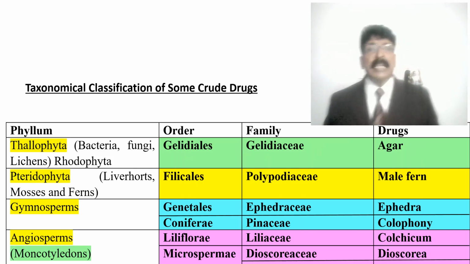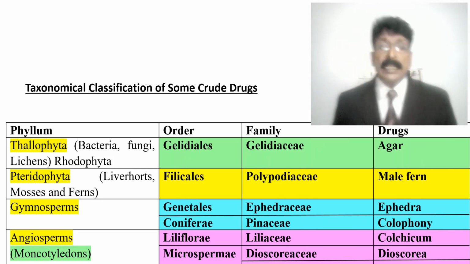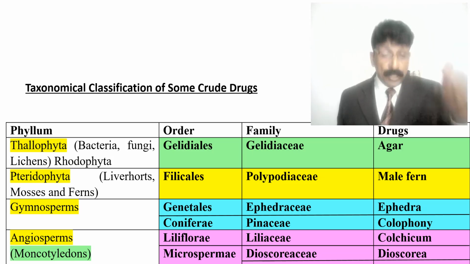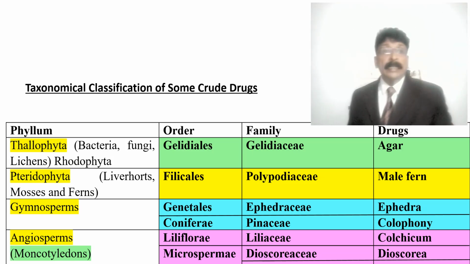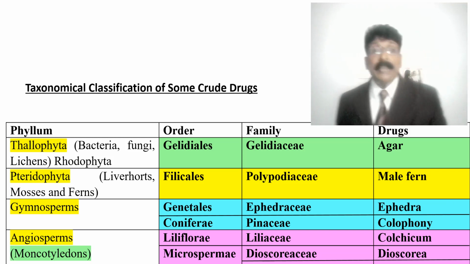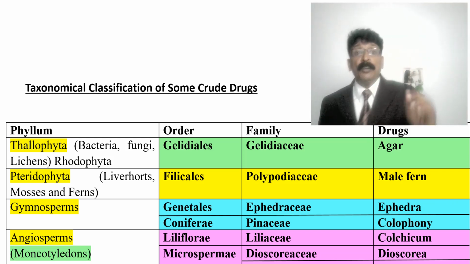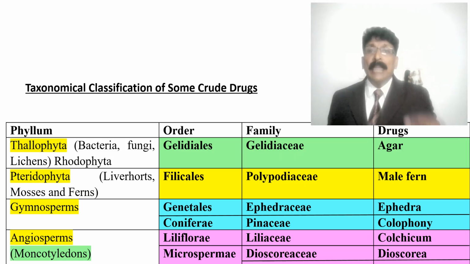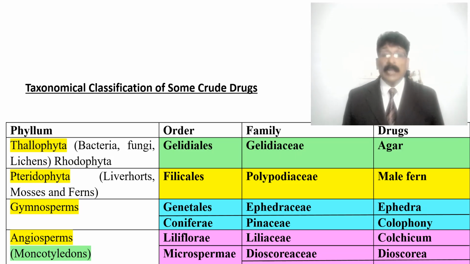Taxonomical classification of some crude drugs, as an example I have shown here, by phylum. You can see Thallophyta like bacteria, fungi, lichens and Rhodophyta, which come in the evolutionary development of the plant. Thallophyta: there you can see Gelidiales and Gelidiaceae, and the drug example is agar, which is extracted from the red algae.